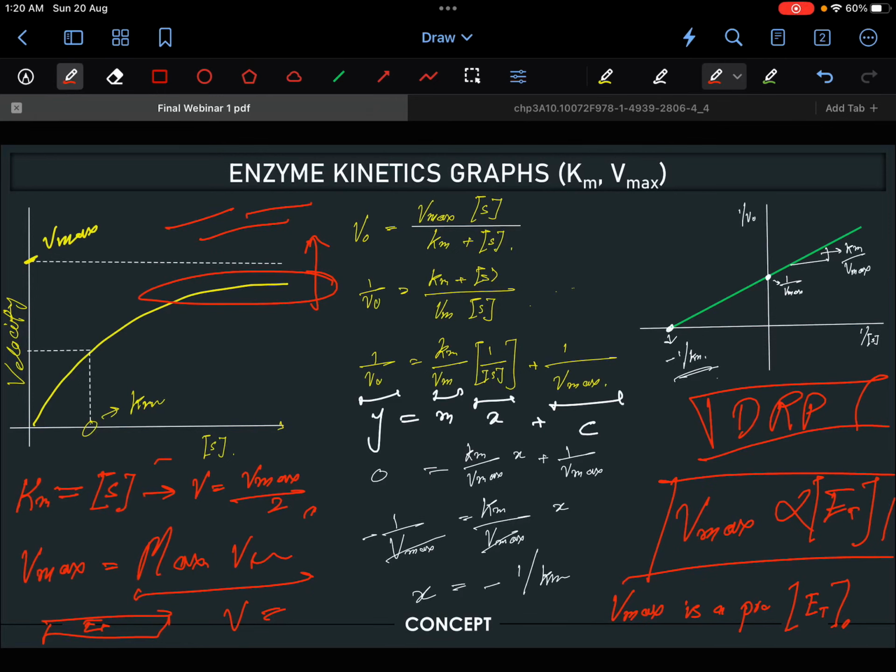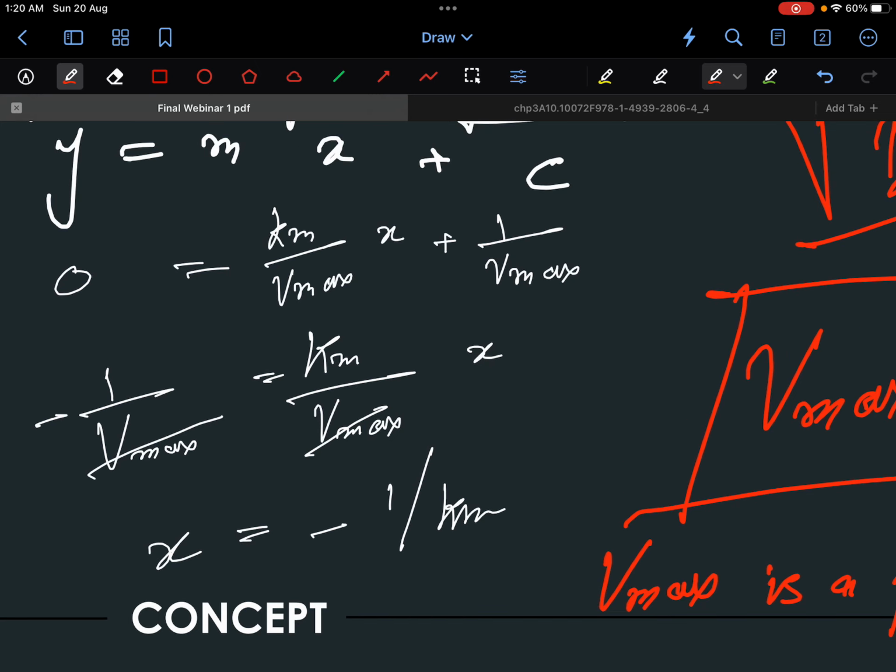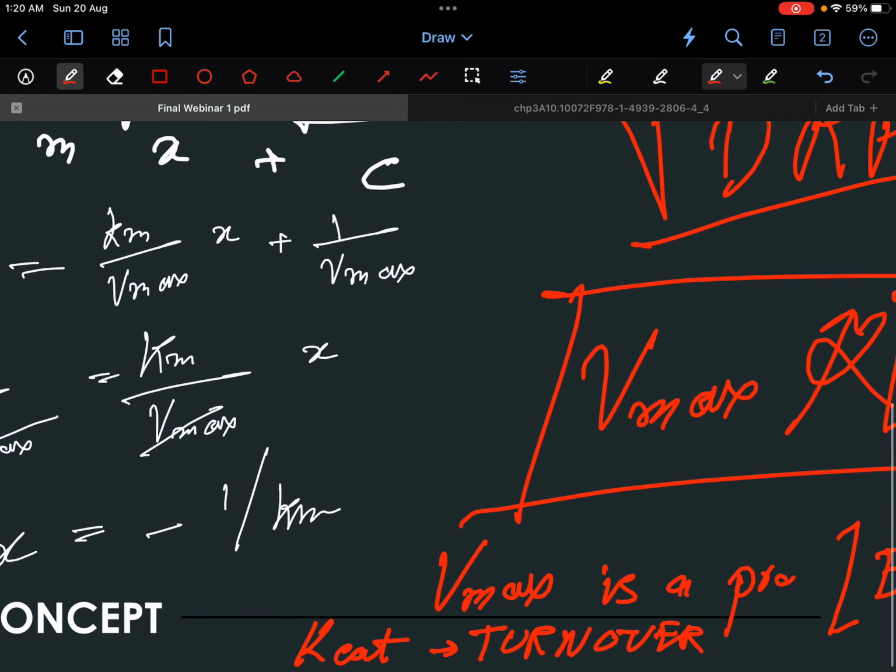Okay, and there is also a relation between Vmax and Et. If you remove this proportionality, it will be a constant, and the constant, as some of you might know, is Kcat. It is also known as the turnover number, right?